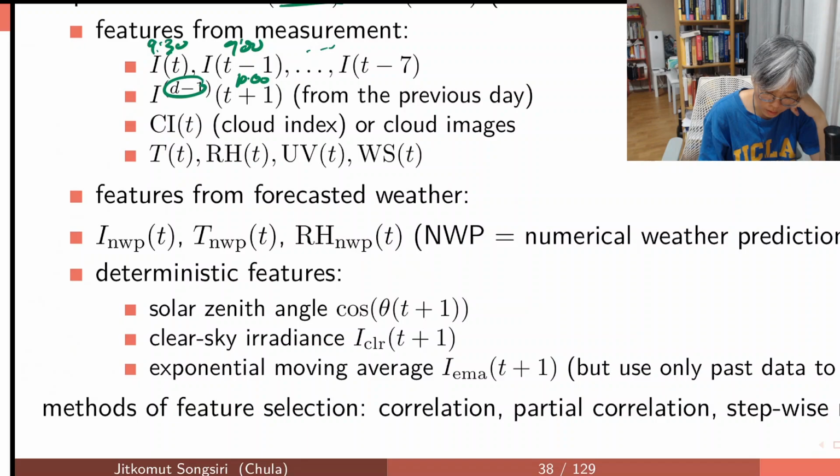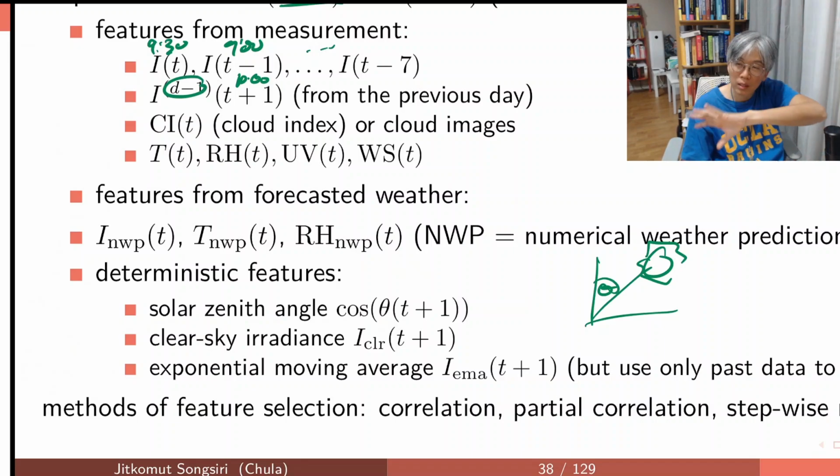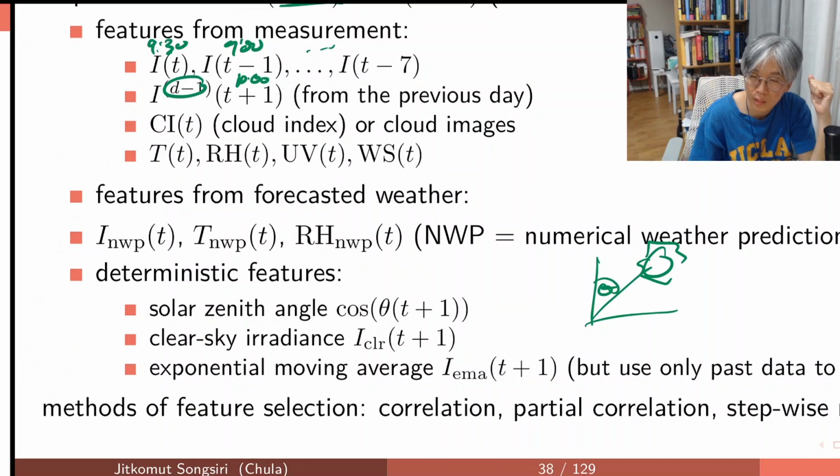Deterministic features contain the solar zenith angle. That depends on the sun position that varies during the day. So the solar zenith angle gives a trend of the clear sky irradiance.